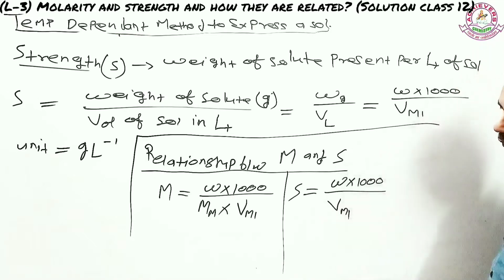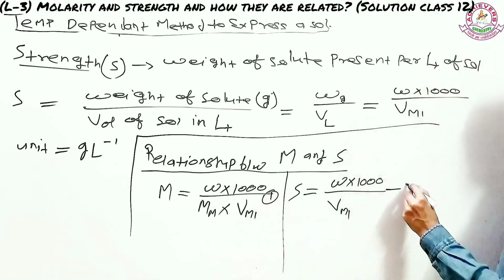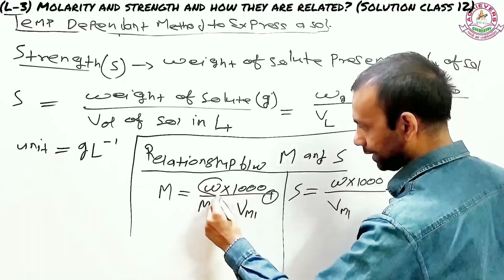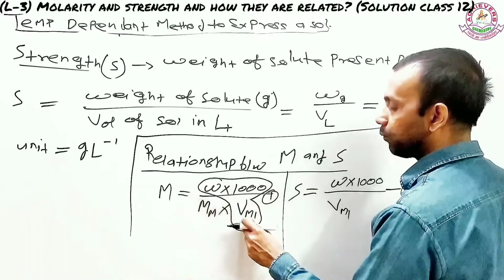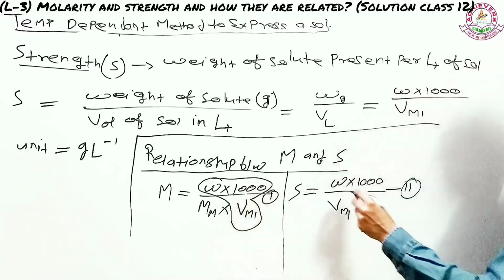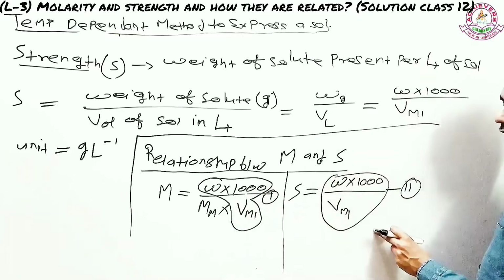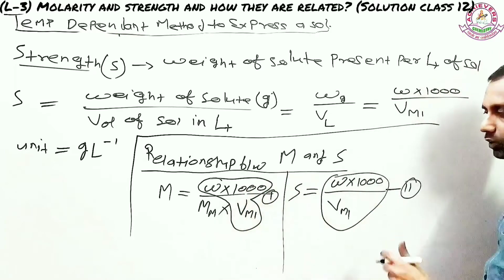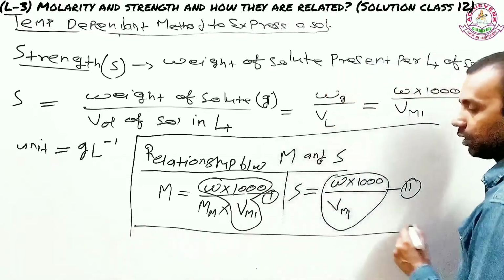So what I'm going to do, I'll make this equation 1 and this one equation 2. Let's take a look here. We have this particular thing, weight by volume into 1000, and similarly we have weight by volume into 1000. So I will replace this whole value by S. It's quite simple, you might be getting it.